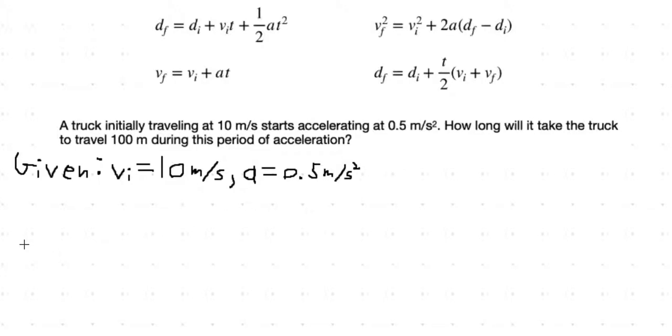So we could assume that the initial position is going to be 0. So di is going to be 0. And it's going to travel 100 meters. So the final position, df, is going to be 100.